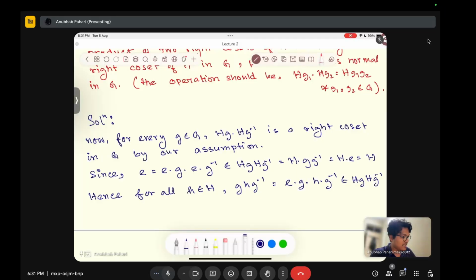Because again eg belongs to Hg, and small h g inverse belongs to capital H g inverse.